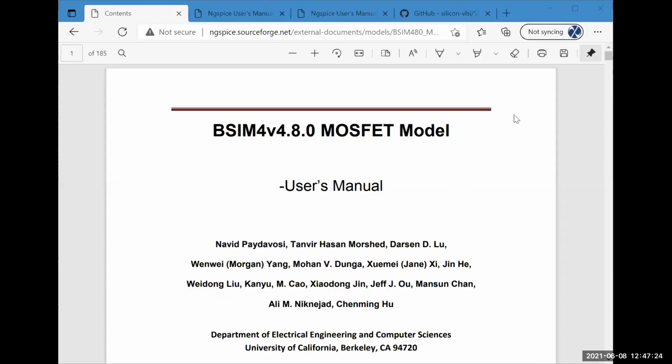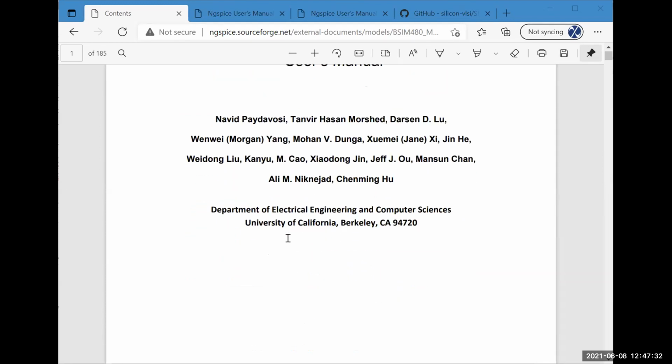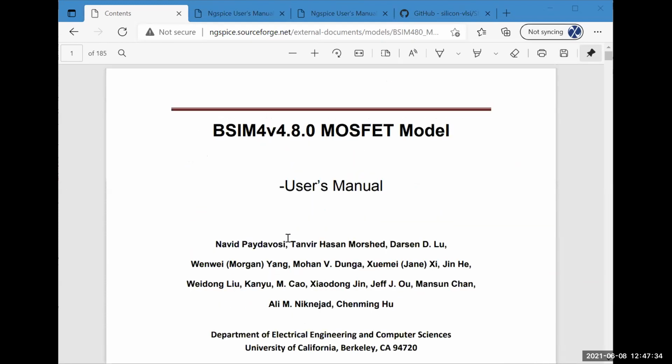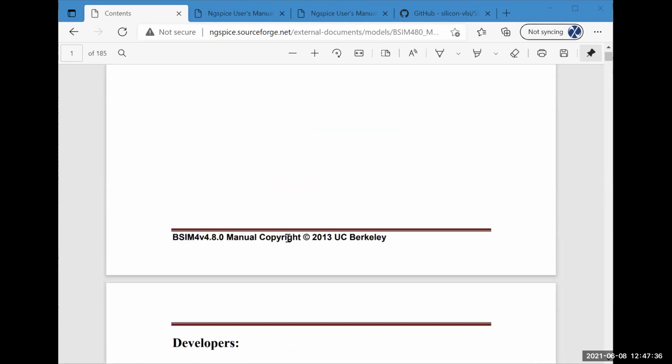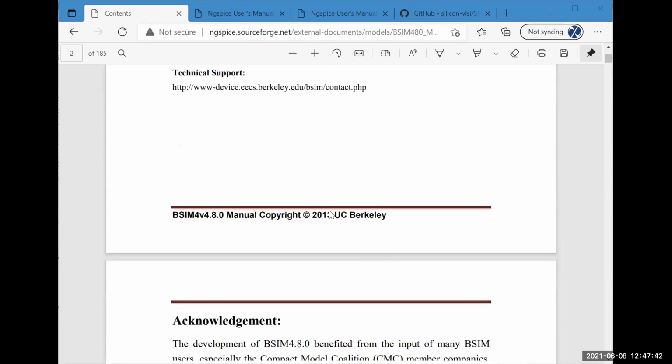Okay, everyone can see the browser window here. Yes. Okay. So this is the BSIM 4.80, which is from 2013, but it's one of the most recent ones used.